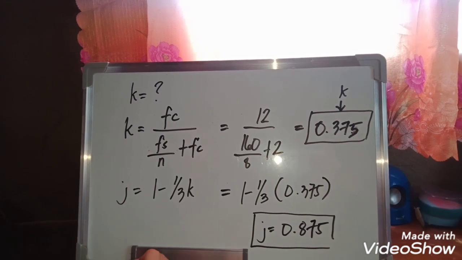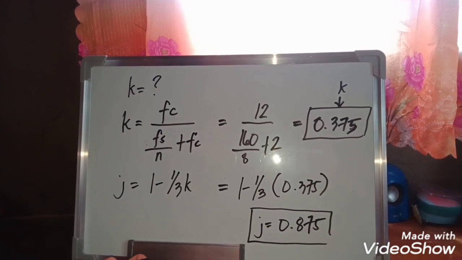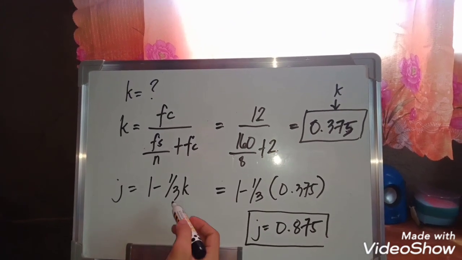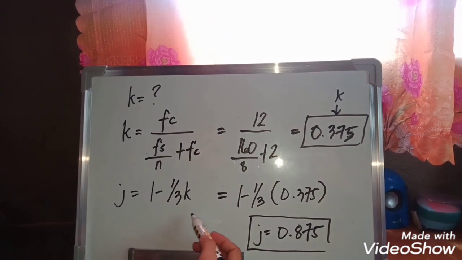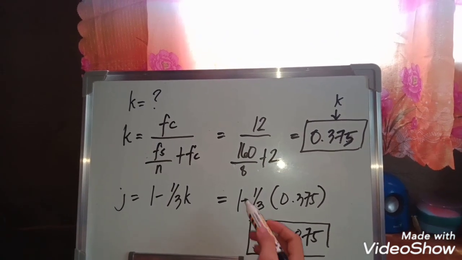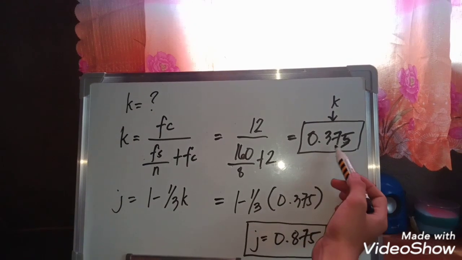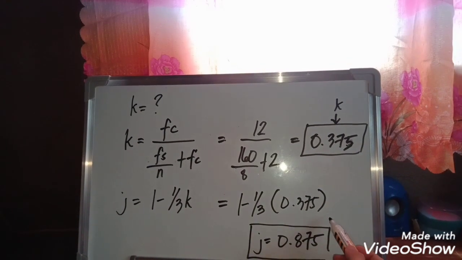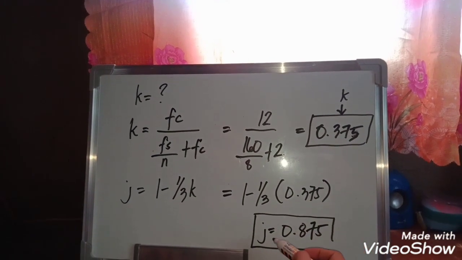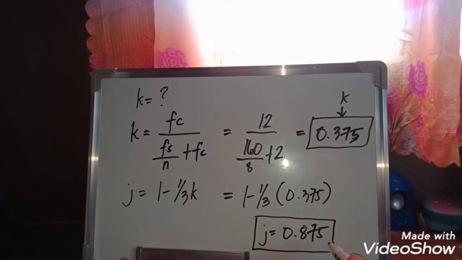And in finding j, we can use the formula 1 minus 1/3 k, equal to 1 minus 1/3 times our k here, 0.375, resulting as j equal to 0.875.